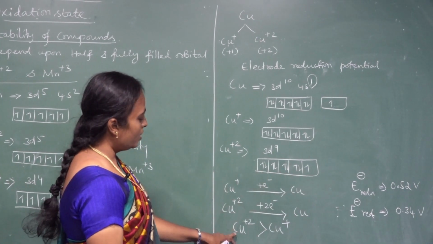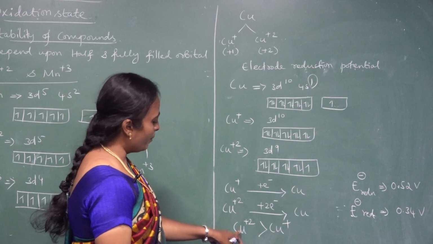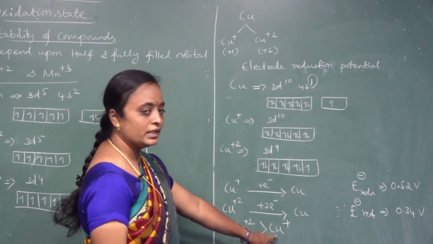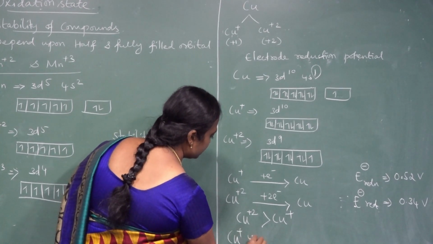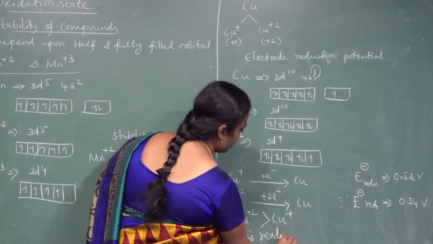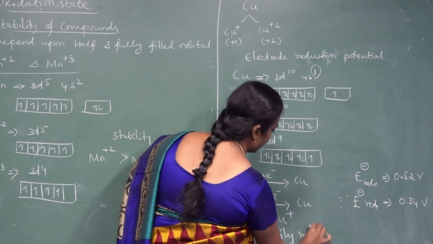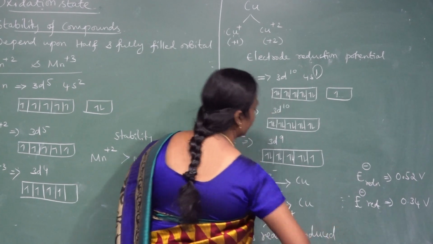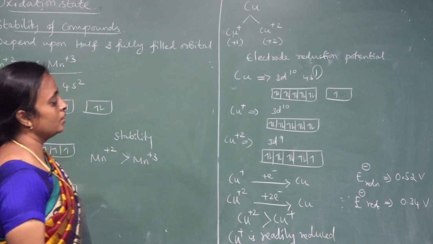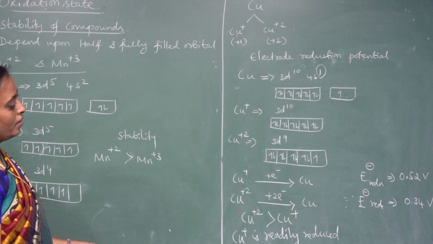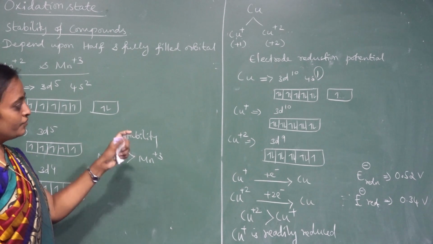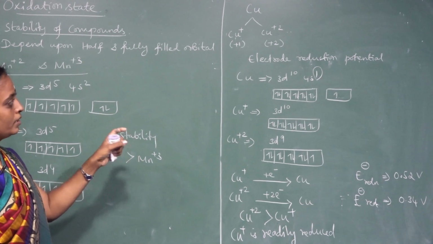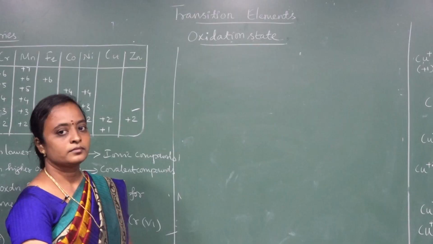Comparing Cu plus 2 and Cu plus, which will be reduced easily? Cu plus is readily reduced. So from the electrode reduction potential, we can explain which ion is more stable by taking different oxidation states of copper, plus 1 and plus 2.